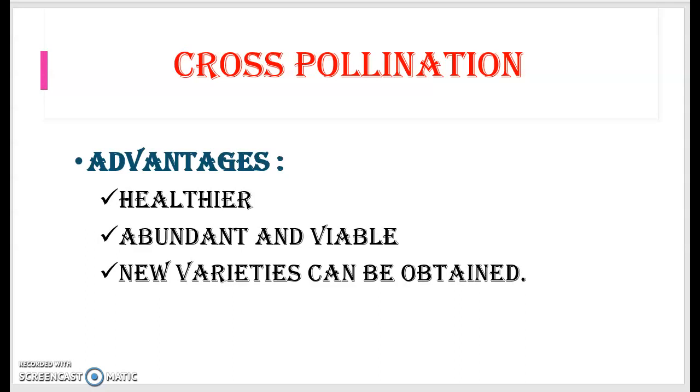Cross-pollination is comparatively a healthier kind of pollination by which we can develop plants, or offspring, or young ones that are much healthier when compared with self-pollination. Just imagine there is a plant which already has some kind of disease.